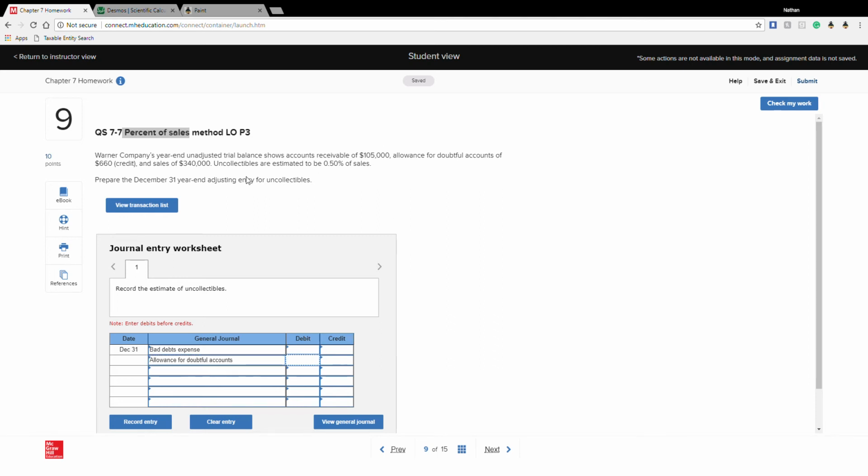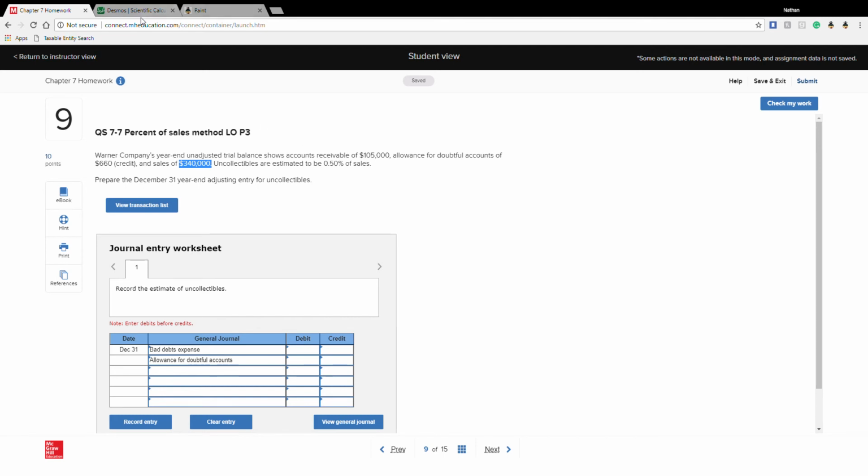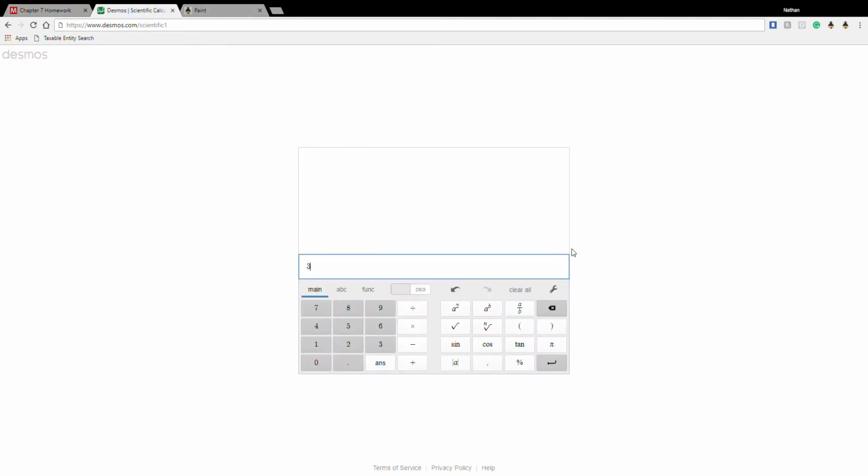Alright, so to calculate this, we're going to take the 340,000 and times it by this percentage. So let's go to our calculator. There's our 340,000. Now remember, it was 0.5%. So when we convert it to actual decimal, you have to add on a couple of zeros there.